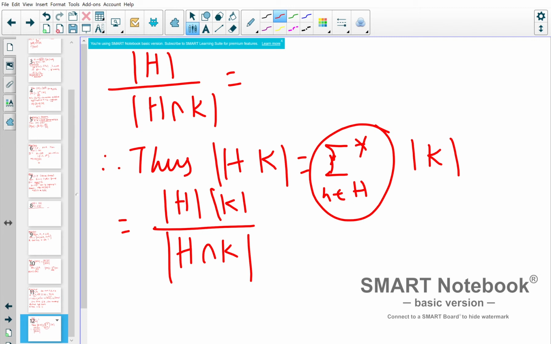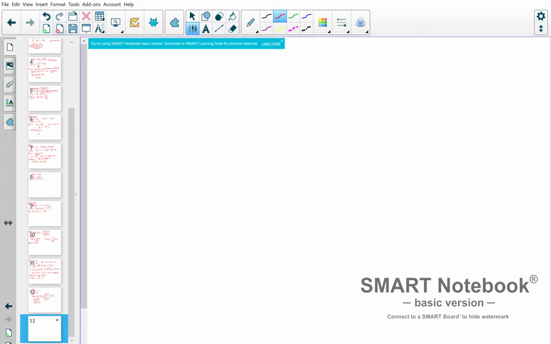But another question that may arise in our mind is: are there any conditions on HK for which this becomes a subgroup?